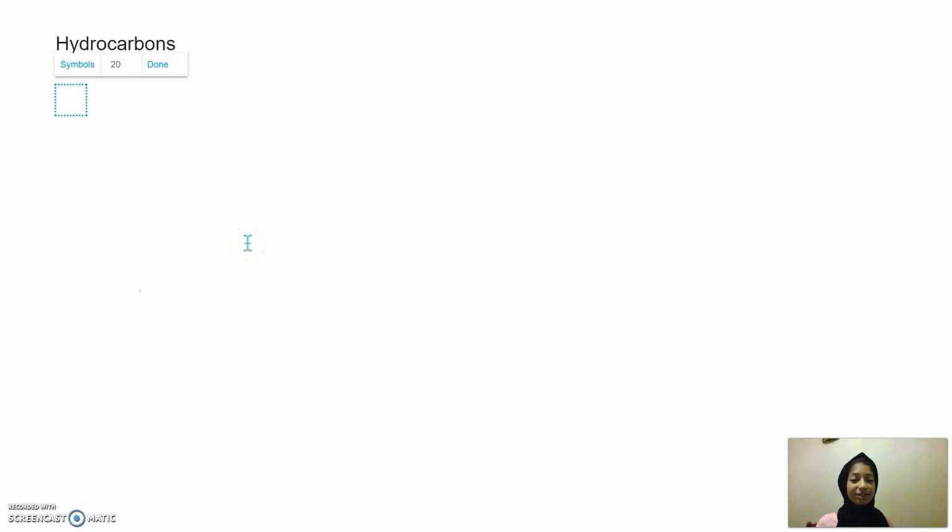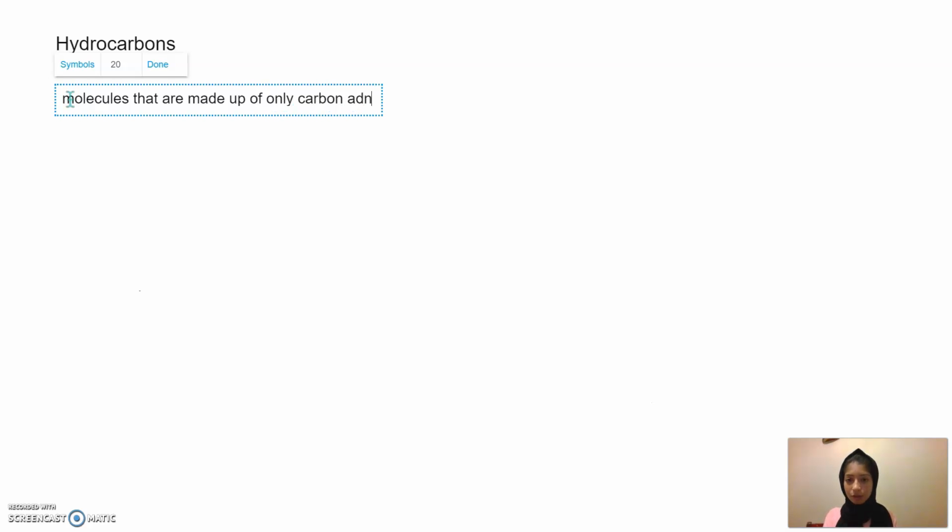Okay, so today we're going to be looking at hydrocarbons. So let's start off with what is a hydrocarbon? Let's have a look at the definition. So hydrocarbons are molecules that are made up of only carbon and hydrogen atoms.